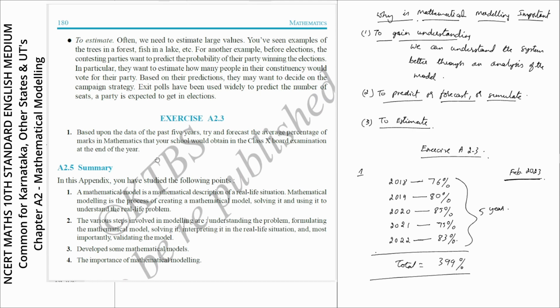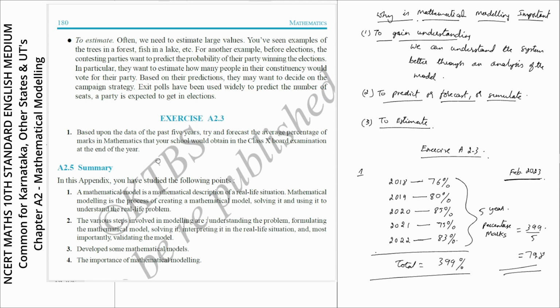Therefore, this year the percentage of marks that could be obtained will be equal to 399 by 5. So this gives around 79.8. So this year the percentage of marks that could be obtained will be 79.8%.